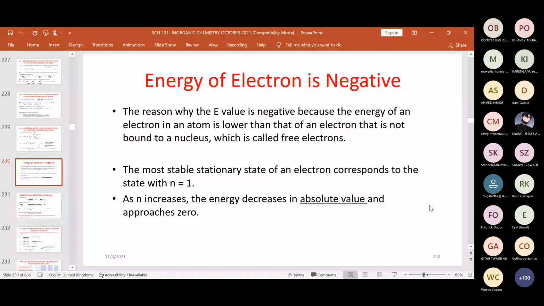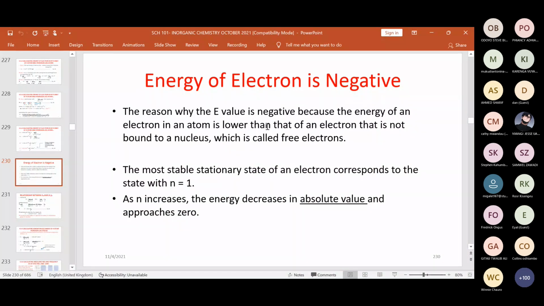Now, we see that the energy of the electron has a negative value. We need to note that the reason why the energy of an electron is negative is because the energy of an electron in an atom is lower than the energy of a free electron.